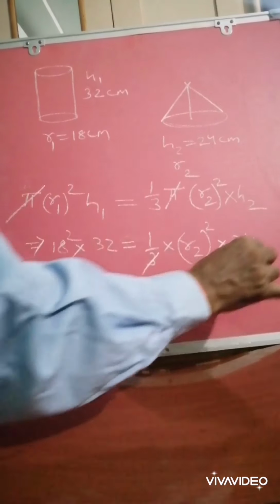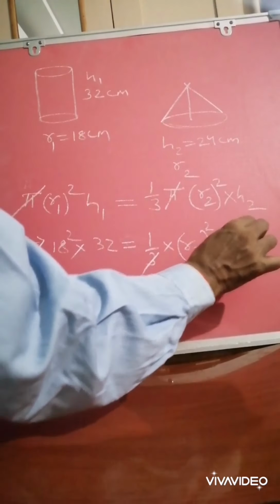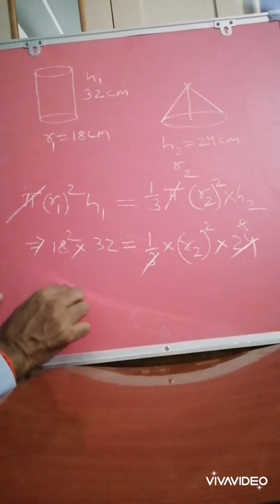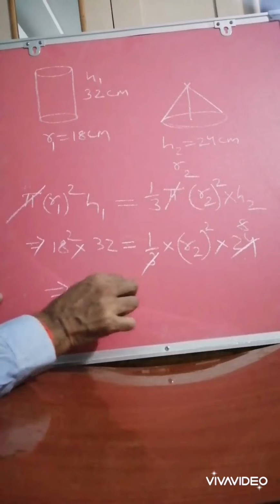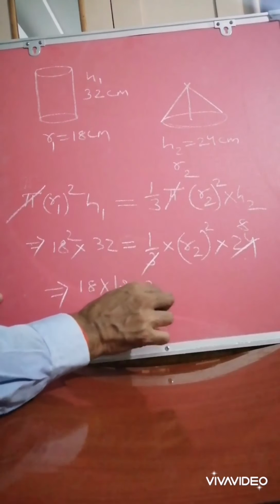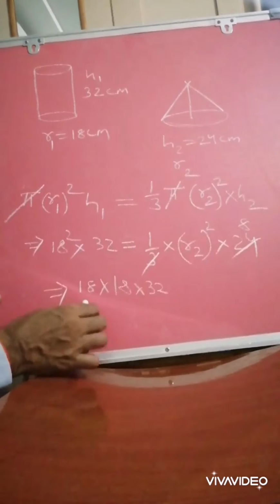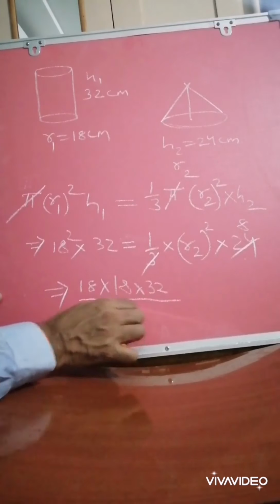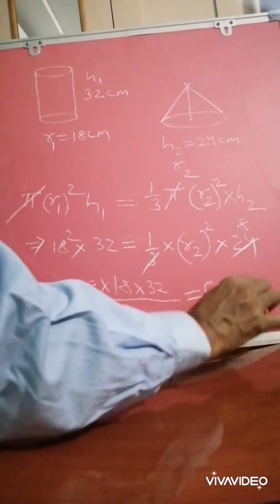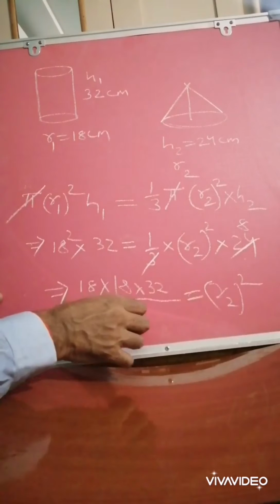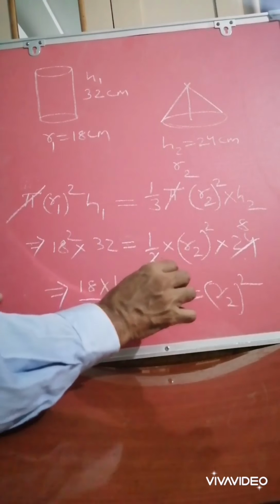You cancel 3 with 24, that is 8. Now you are getting 18 into 18 into 32. Bring this 8 to the left side, divided by 8, is equal to R2 square. So cancel 8 into 32, 4 times.